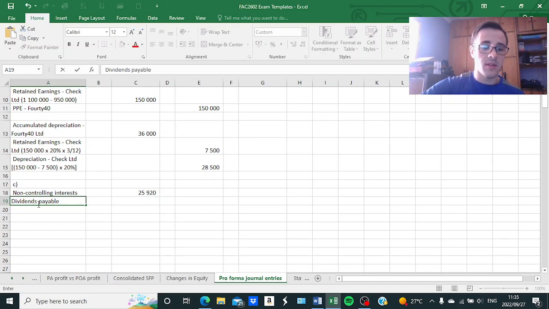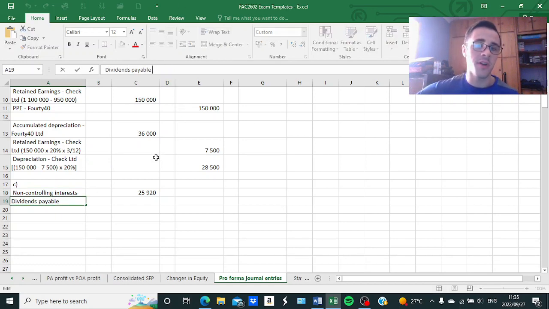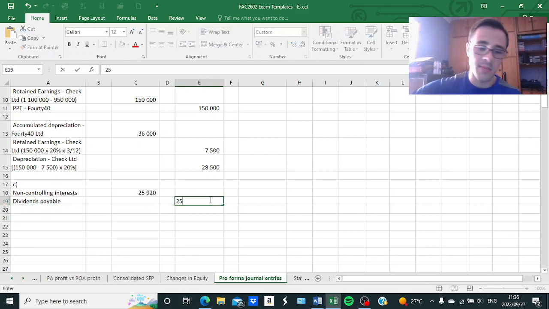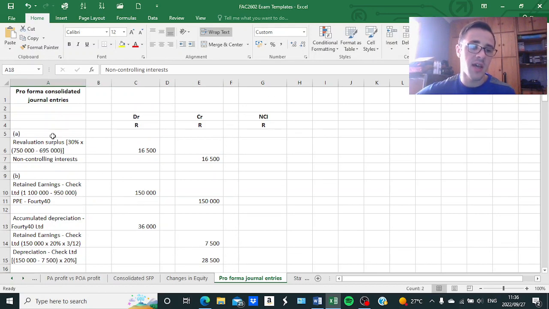and this will be payable by 4040 Limited, but because we are making use of non-controlling interests, we will not be required to show that it is payable by 4040 Limited. It is payable by the group to its non-controlling interests, with the same amount. So basically the same principle applies as with the revaluation surplus.